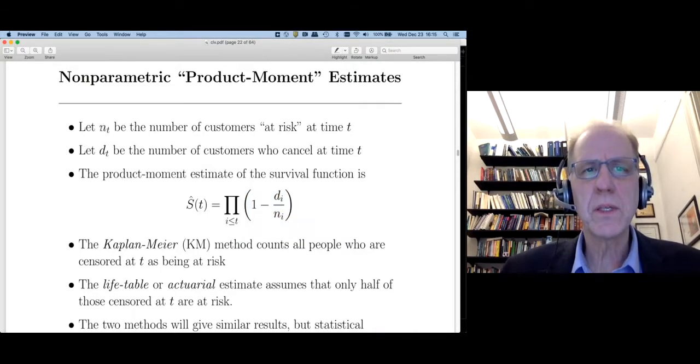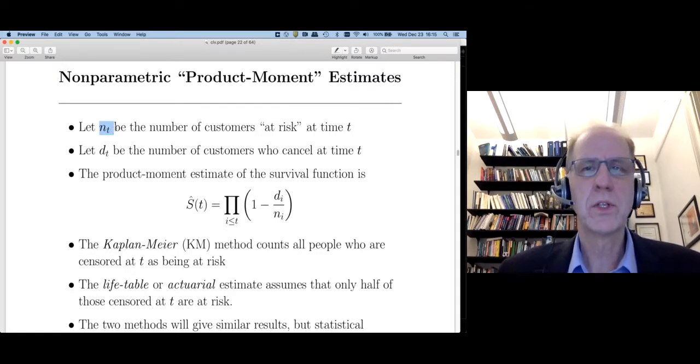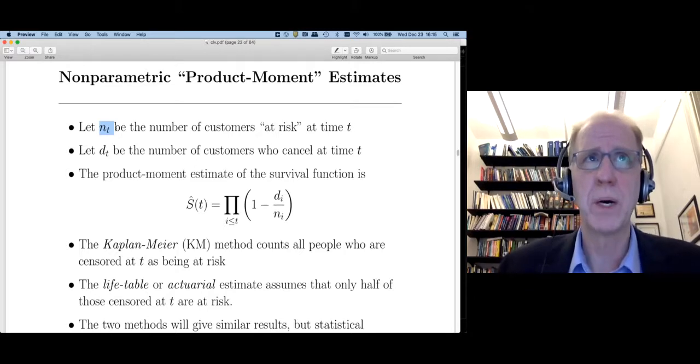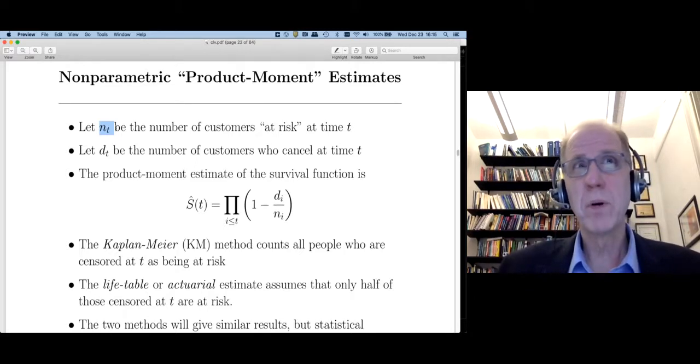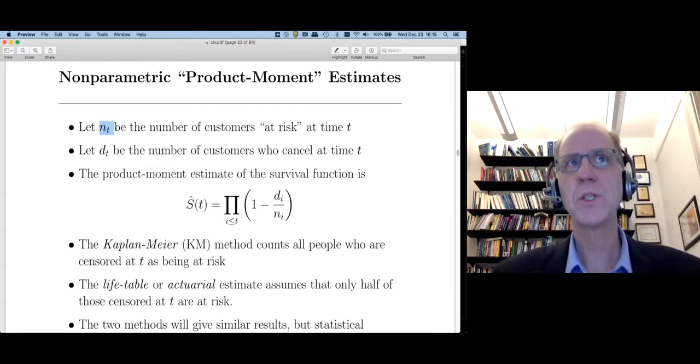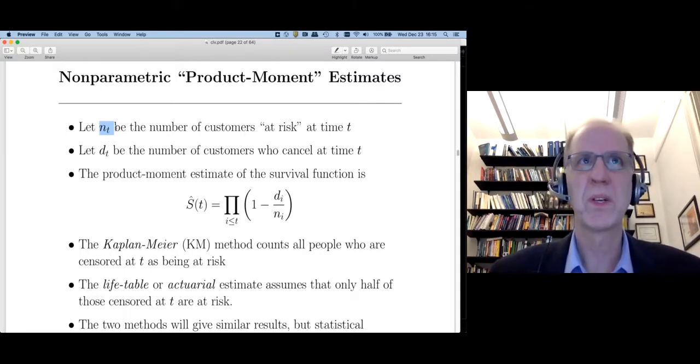Well, what exactly is this? N sub t is the number of customers who are at risk at time t. At risk is the survival analysis term. The term I've been using in my discussion of the simple retention model is the number of customers who are flipping the coin at time t. So it's the number of patients still in your study, or the number of customers who are flipping the coin.